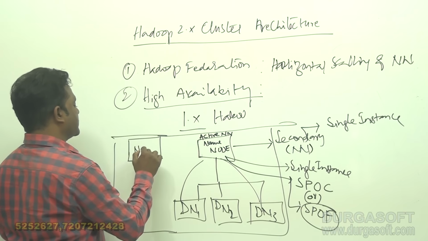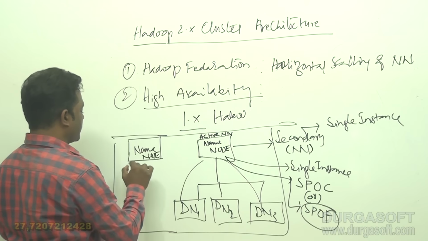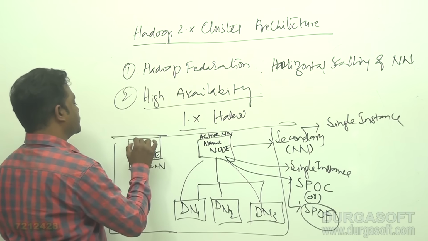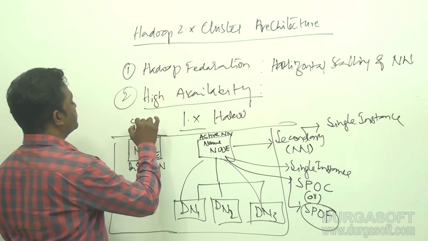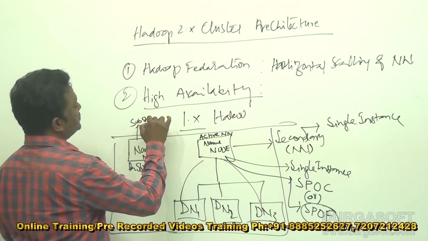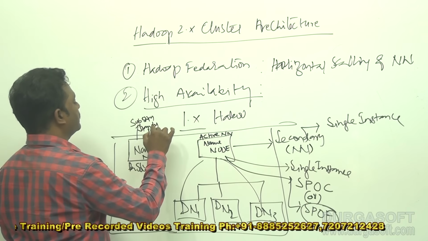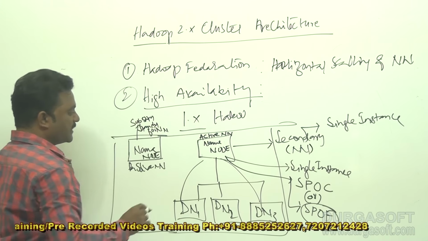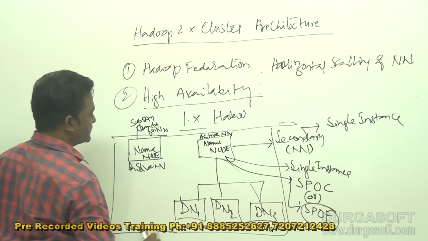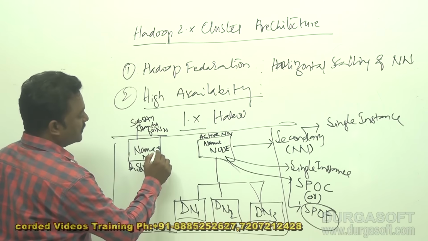We call this a passive name node, which acts as a substitute or standby for the name node.